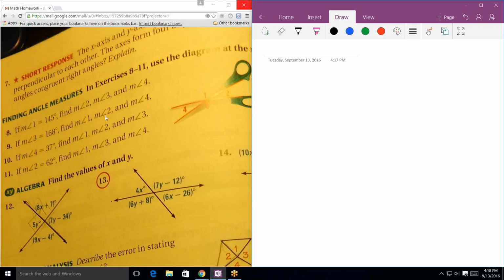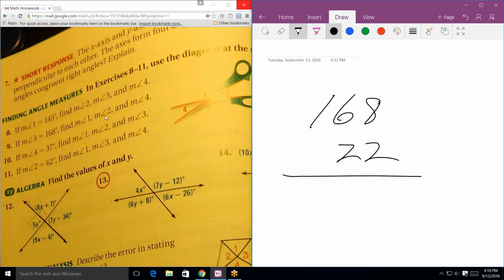The measure of angle 2 is 22 degrees. The measure of angle 3 is 168 degrees, and the measure of angle 4 is 22 degrees. Okay, hold on. 168 and 22 adds to what? Oh, no. 12. Aha.